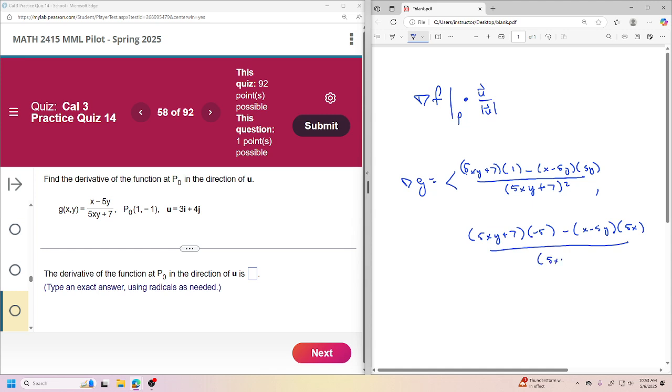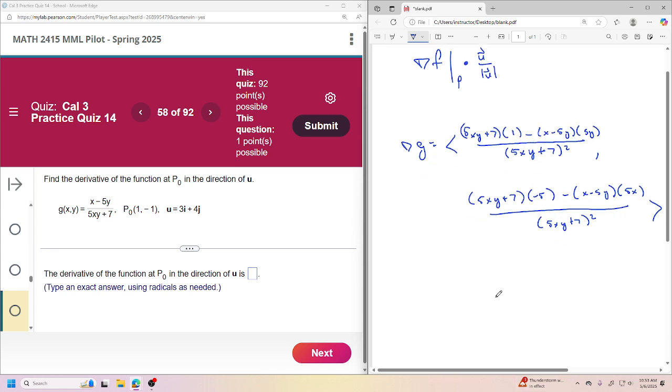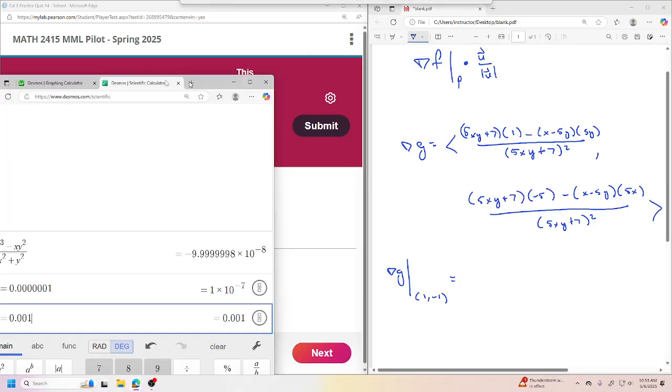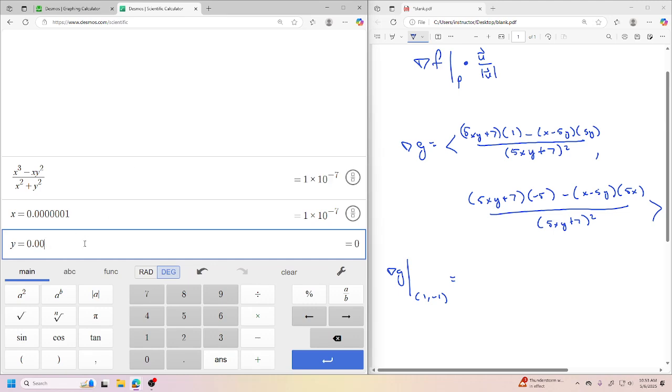I want to plug in that point though, because that's ginormous, so I want to plug in the -1, 1. The calculator, honestly, that's just overwhelming. Let me do this.